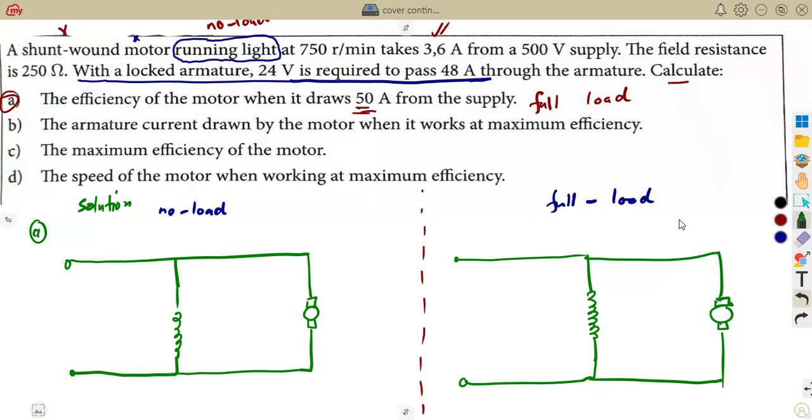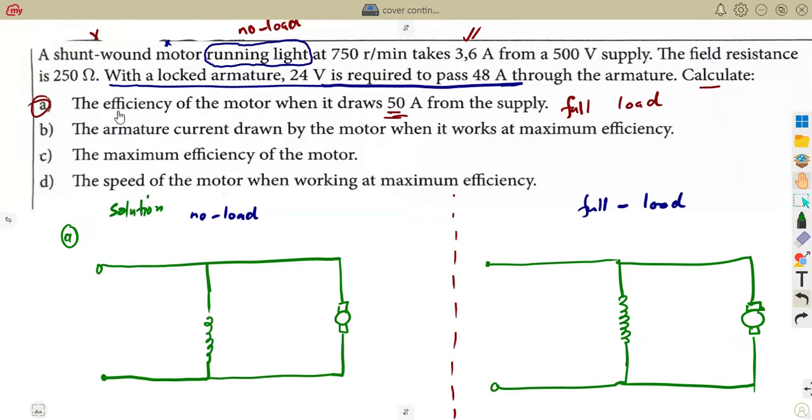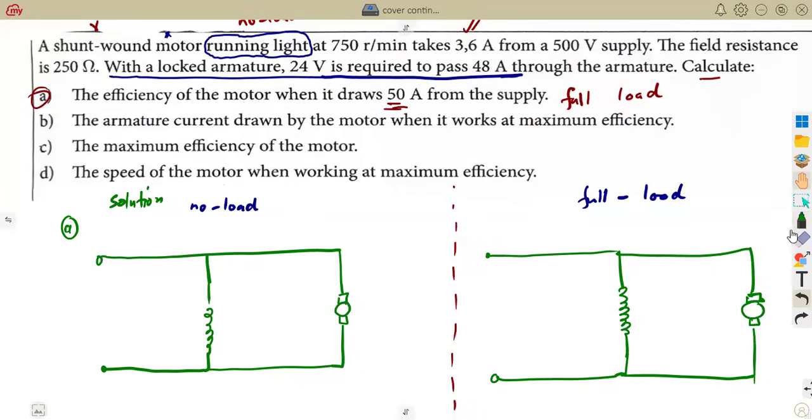Okay, so let's figure out the first part. What are we given? At no load, when running light, the speed is given as 750 revs per minute. So we've got the speed, 750 revs per minute. Takes 3.6 amps. This is the load current. So at no load, you can use the subscript 1. And at full load, you use the subscript 2.